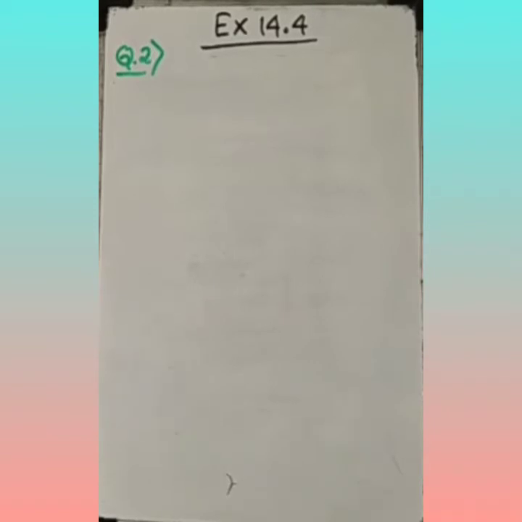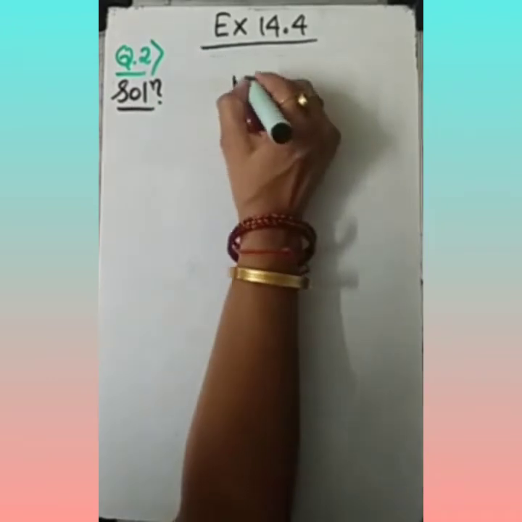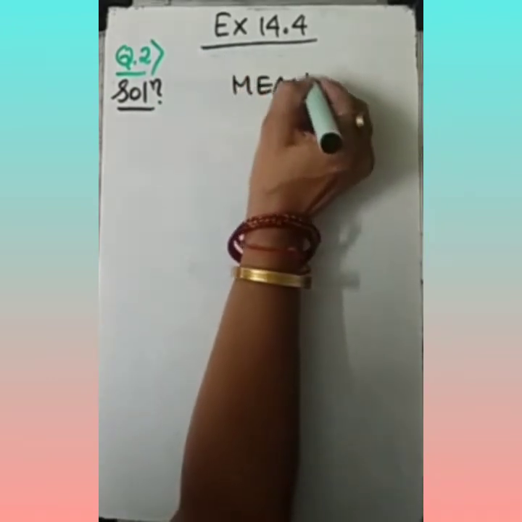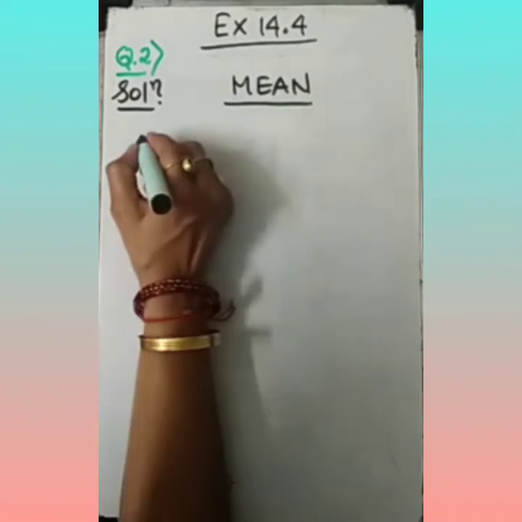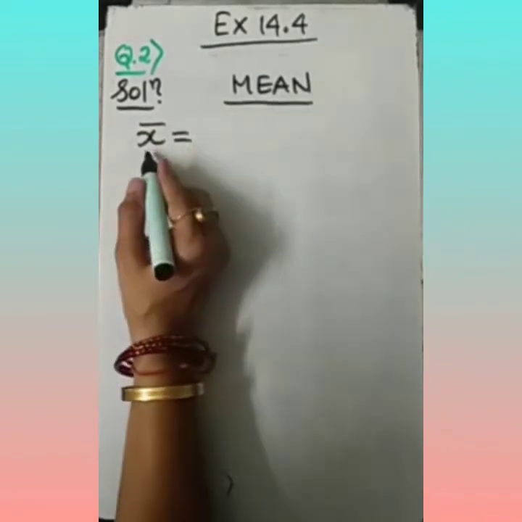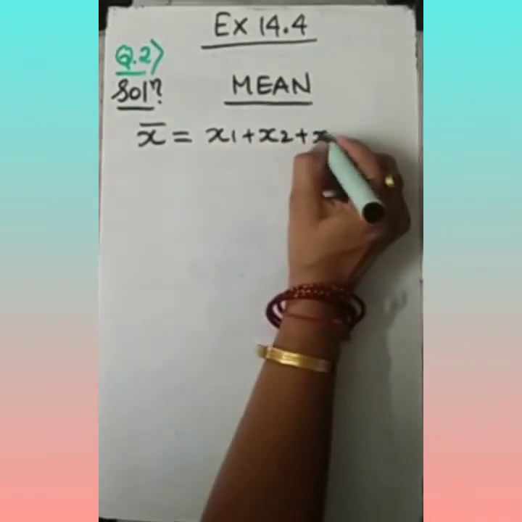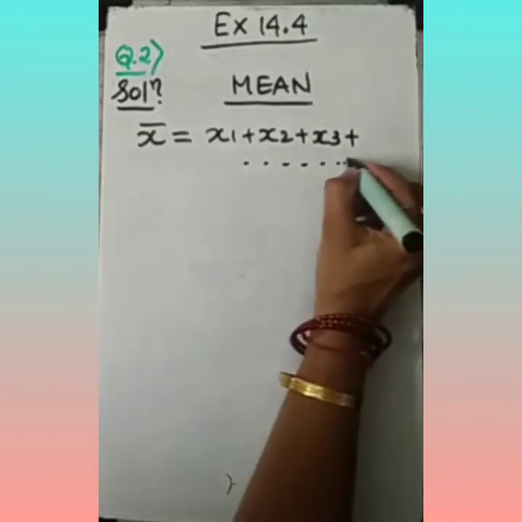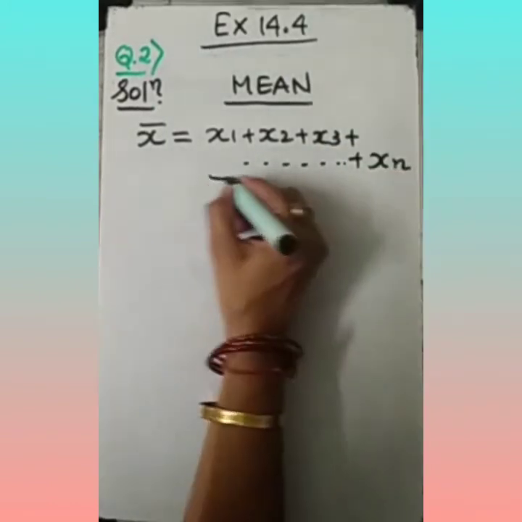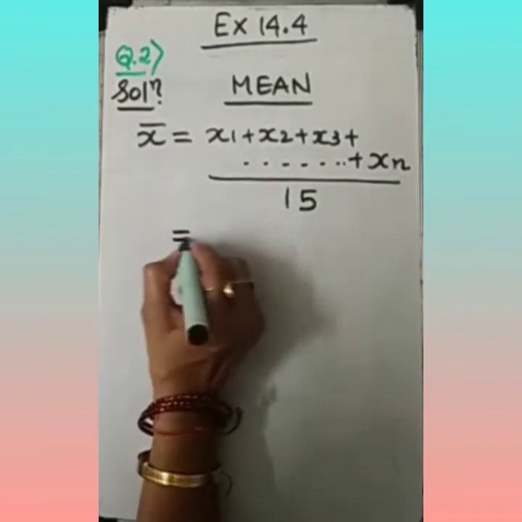Right now, according to the requirement of the question, let's start the solution, and we are proceeding with the mean first, which is quite easy. Now as you know, my dear student, to find the mean you need to use this formula: X bar equal to, X bar is denoted for the mean, x1 plus x2 plus x3 plus and so on, up to the last observation xn, divided by the total number of observations, 15, which is already given.